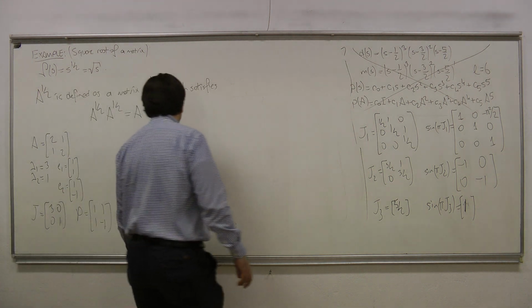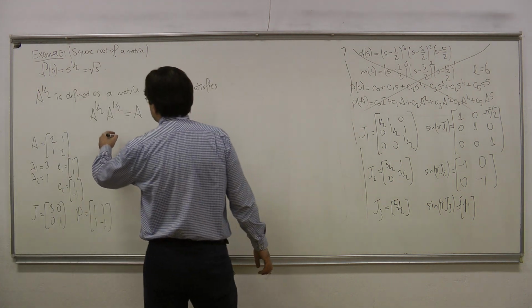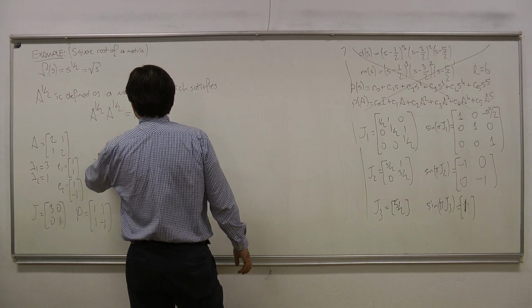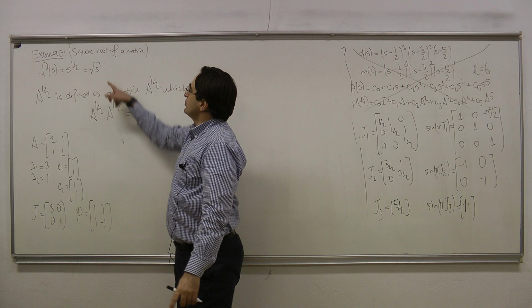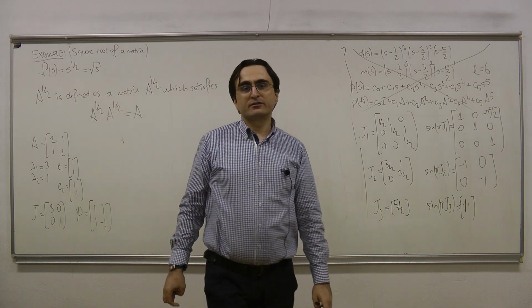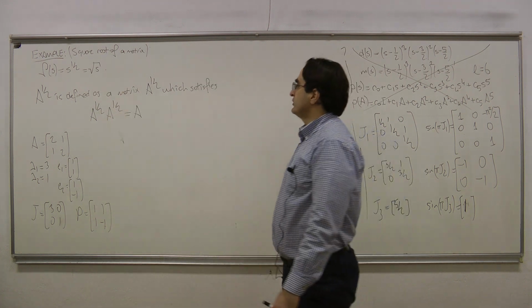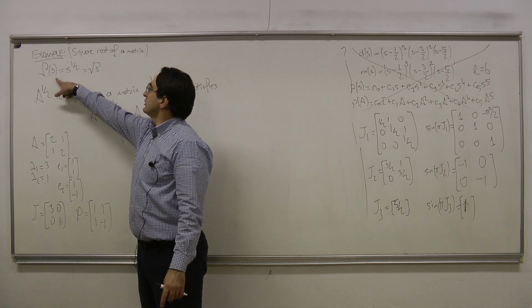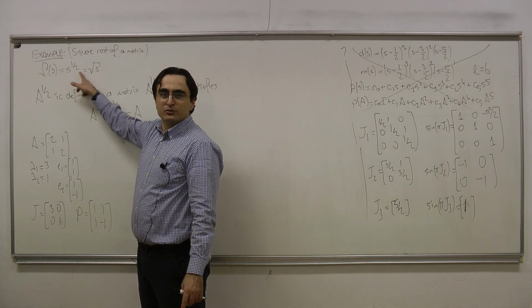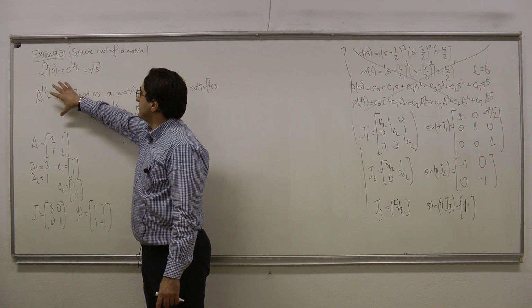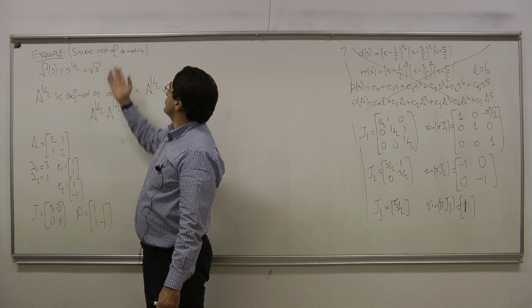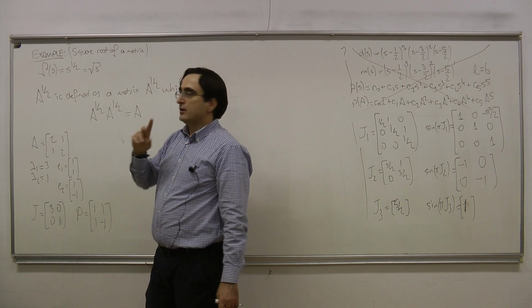Okay? So now let me try to look at the function of a matrix. This is my f in this case. These two definitions are different in some respect. We are going to see that the function of a matrix concept is going to give me a unique result. But on the other hand, I can calculate the square root of a matrix in two ways.